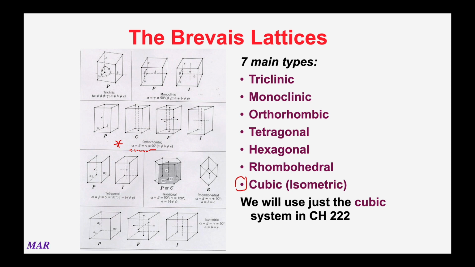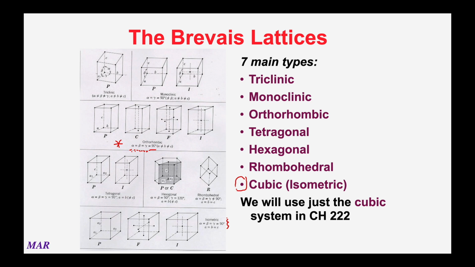To make an isometric or cubic cell, all the angles must be 90 degrees, and all of the lengths of the sides, A, B, and C, are the same. So this is the simplest kind. I would argue it's maybe more common, but I don't know if that's fair to say.